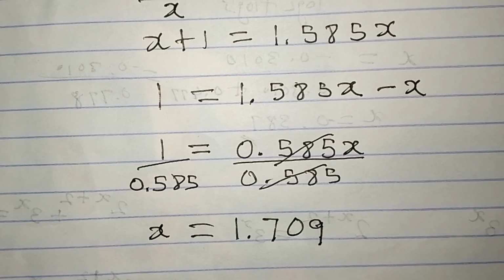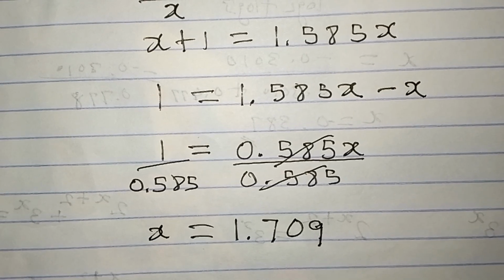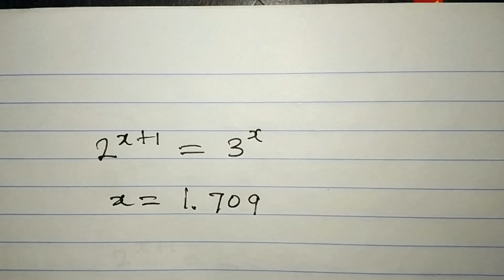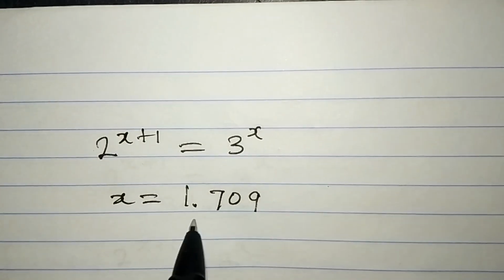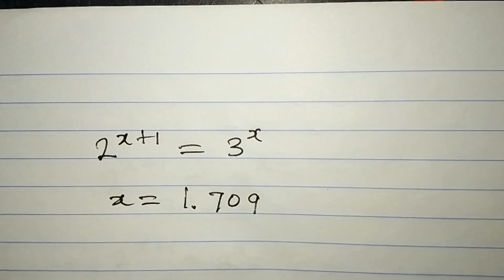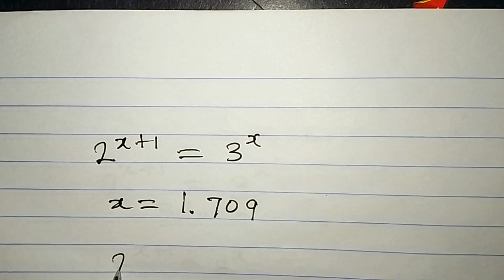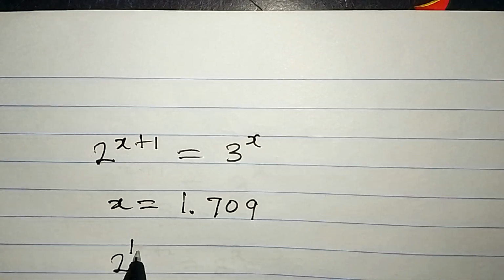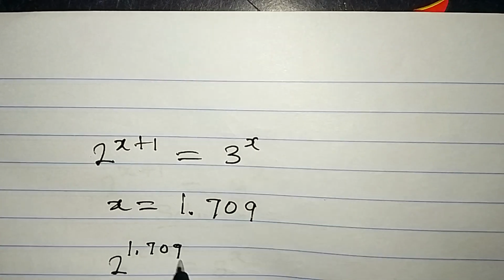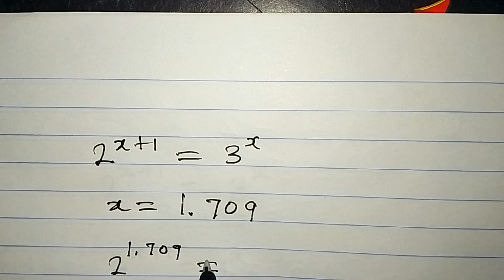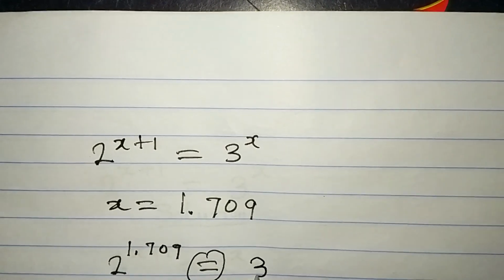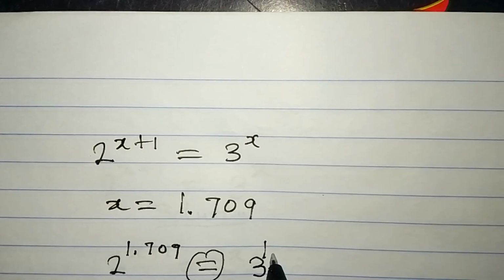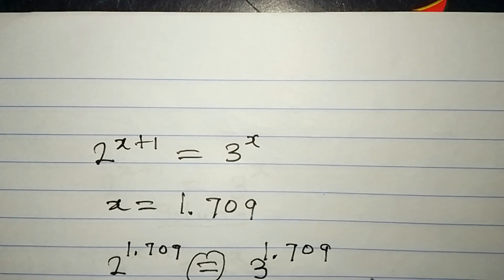But let's put it back into the equation and see if we are correct. Okay, so I want to put this value of x into the equation. So I have 2 to the power of 1.709 being equal to, or should this be equal to 3 to the power of 1.709?